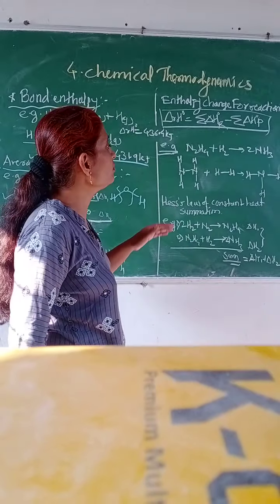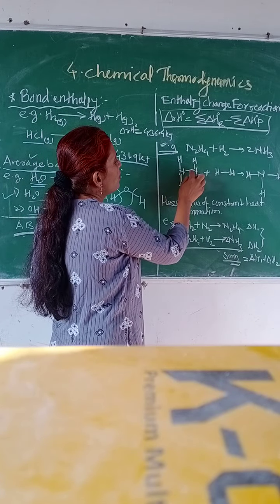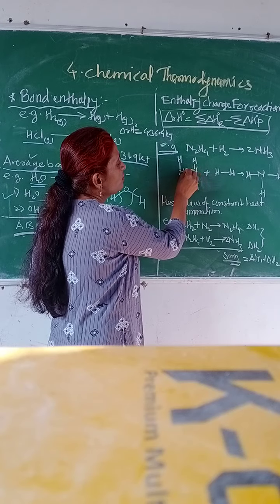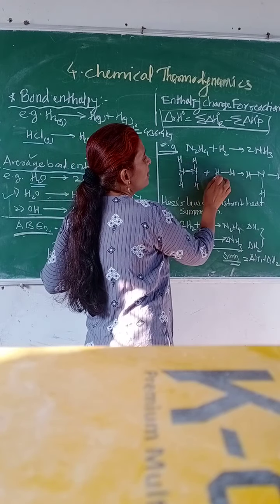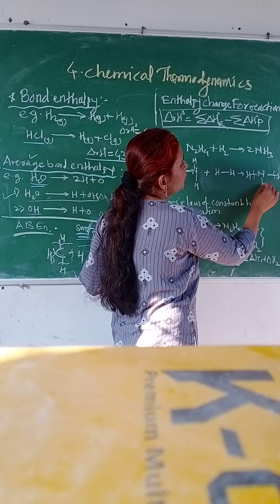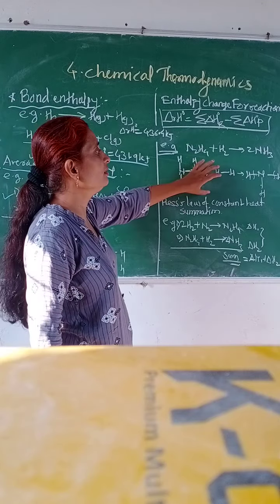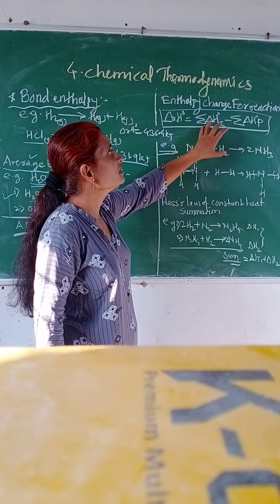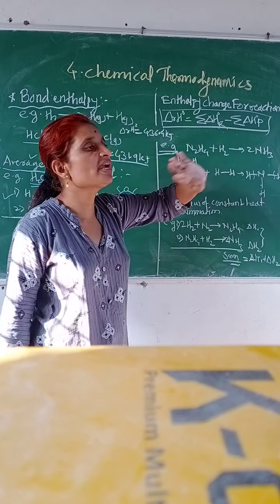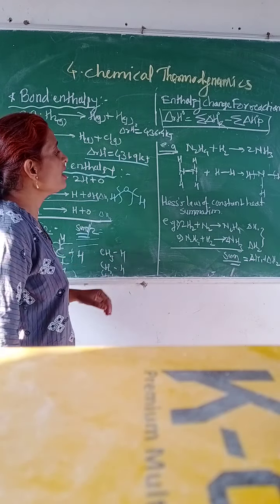We observe which type of bonding is present. In N2H4, there are 4 NH bonds and 1 nitrogen bond. Here H2 has a hydrogen bond. In NH3, there are 3 NH bonds. We give the value for each type of bonding, then use the formula: summation of delta H for reactants minus summation of delta H for products. This gives the enthalpy change for the reaction.